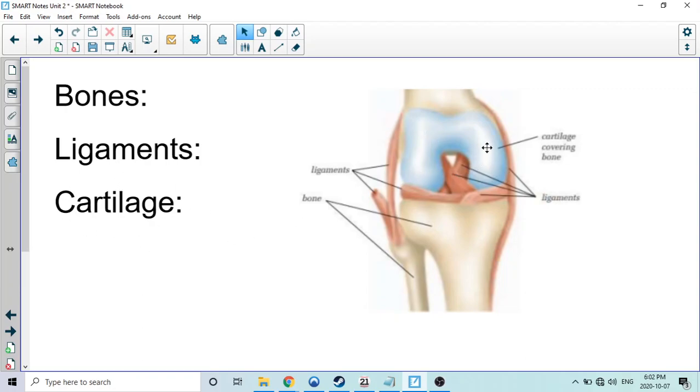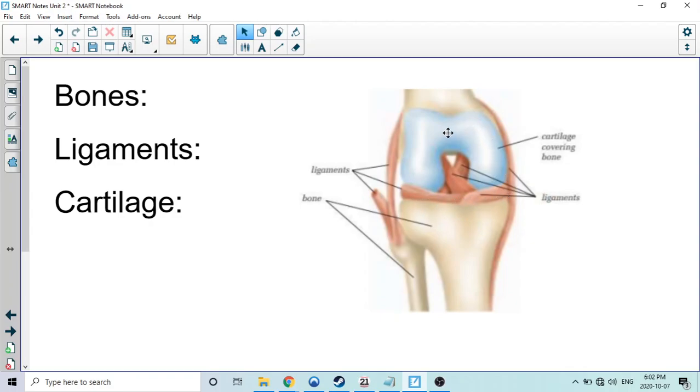And cartilage is something that is on the surface of some bones. It's this blue stuff in this picture. It is on bones in order to make it so when your knee bends, or when different parts of your body bend, the two bones aren't rubbing directly on each other, which would be very painful.